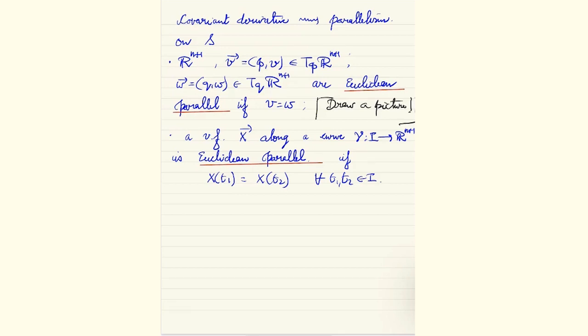A vector field along a curve means that x of t is something in the tangent space at gamma of t. So maybe I should write that: x of t is gamma t comma x t. This x without the arrow is the function associated to the vector field, and in general we don't necessarily make a distinction between these two.